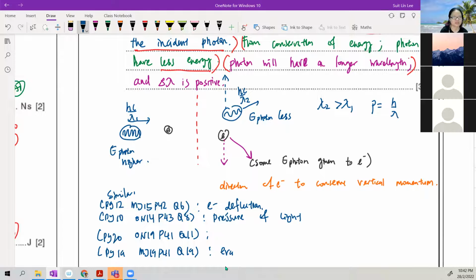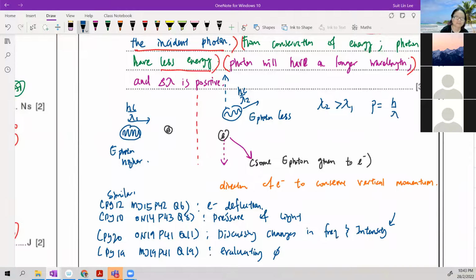This one is evaluating your work function, and this one is discussing changes in E photon, or rather changes in frequency and intensity. This can be confusing for some, but try the question first. Don't watch the recording first; see whether your idea is correct, and check the mark scheme. If not okay, then only spend the time to watch the video. Of course, the recording takes time.